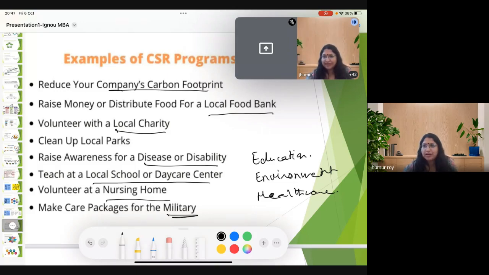Like in India, we have Tatas. So Tatas, everybody knows the culture which is there for Tatas. We have Infosys. So Infosys, again, everybody knows how much they do for the society. So whenever we talk about these companies, we are so positive about them. So that's the importance of having a good CSR program.